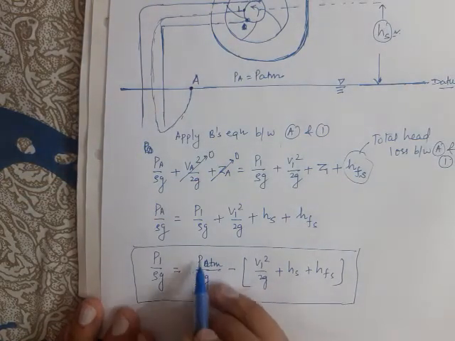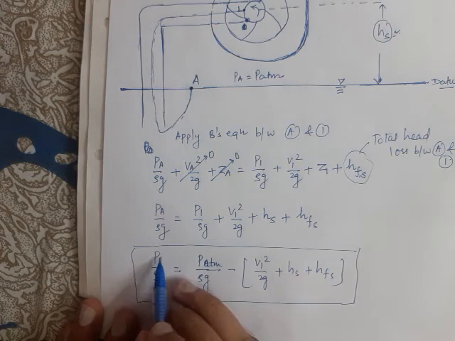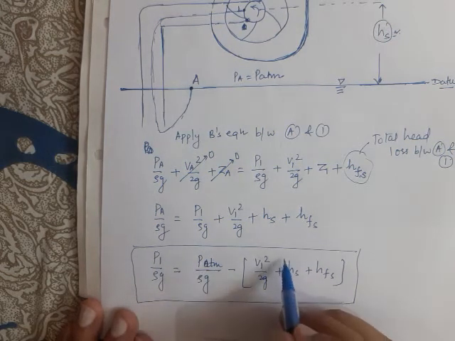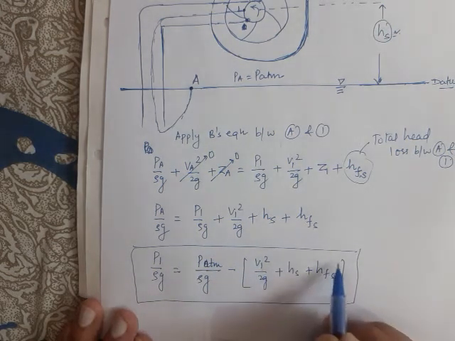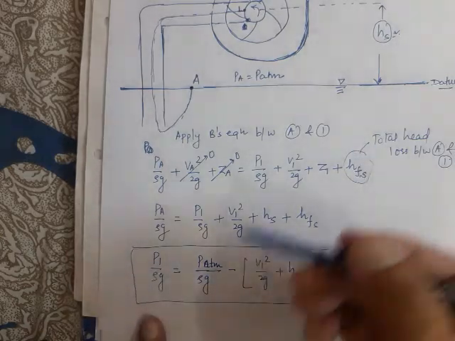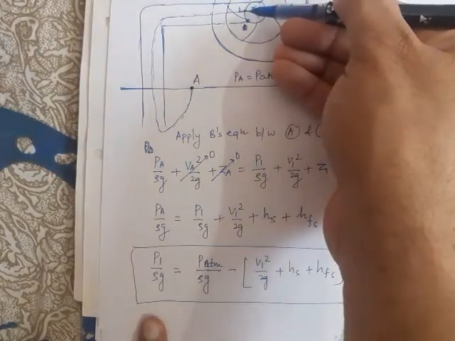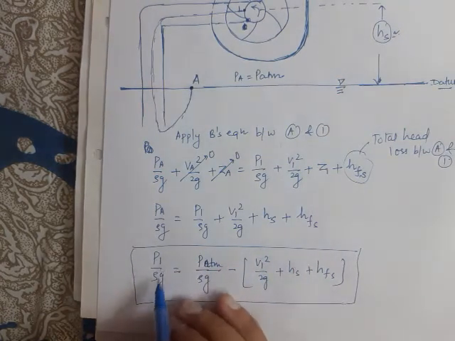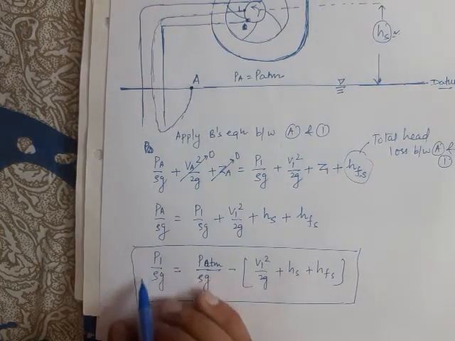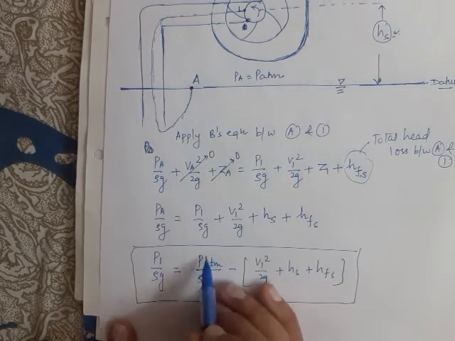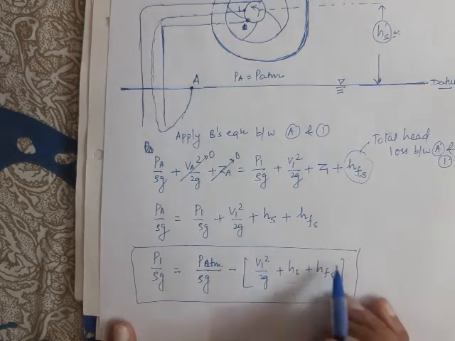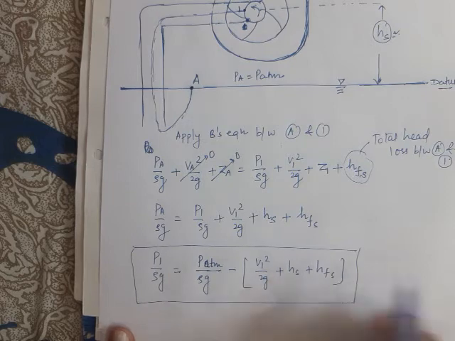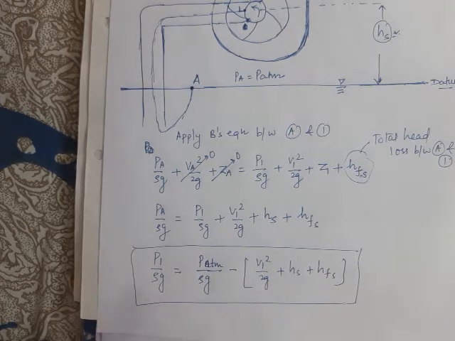This is the pressure head at point 1, and this is the atmospheric pressure head. The pressure head at point 1 is less than the atmospheric pressure head by this much amount.